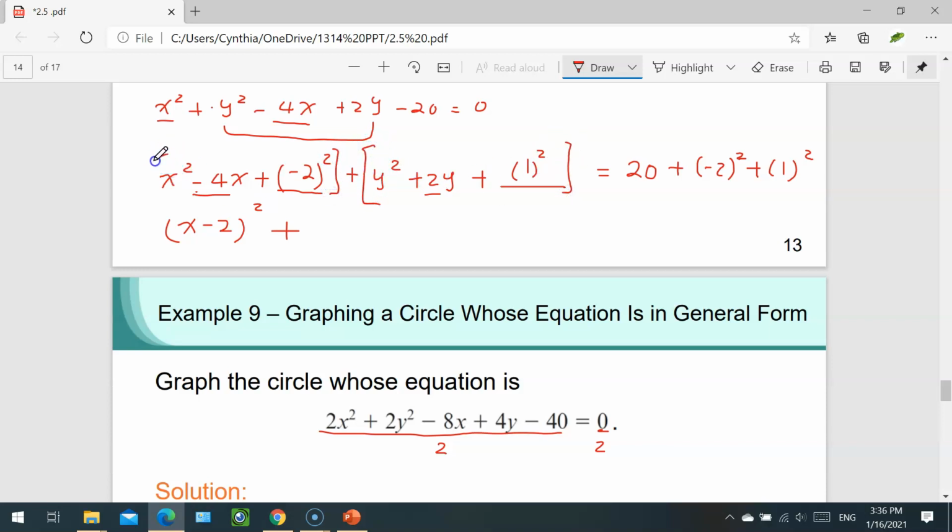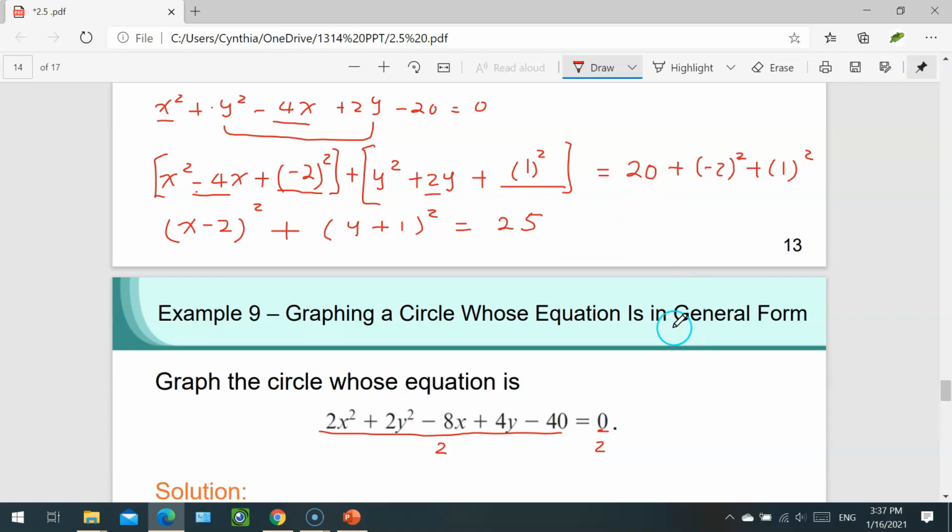This is another term: y, the base of y plus the base of 1, everything squared. Clean up the right hand side. This is 4, 5, 25. And then this is the equation of the circle. The center is at (2, -1), and the radius is 5.